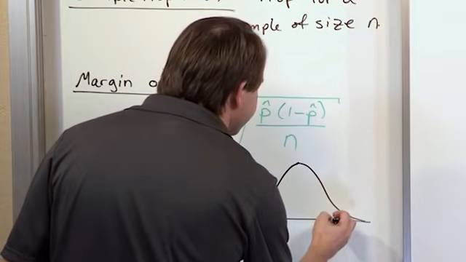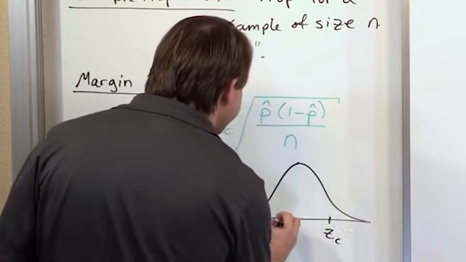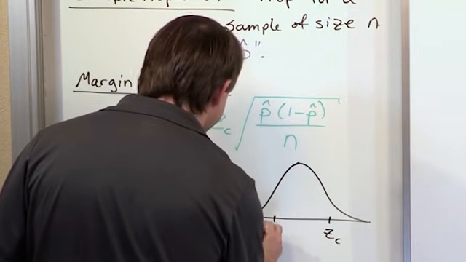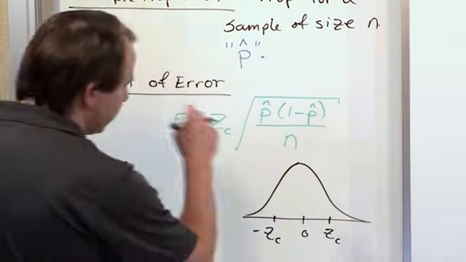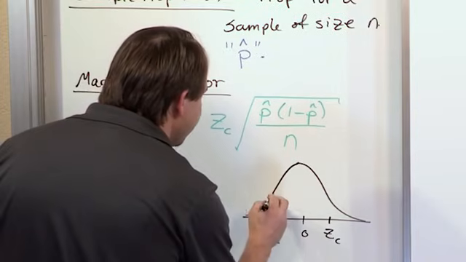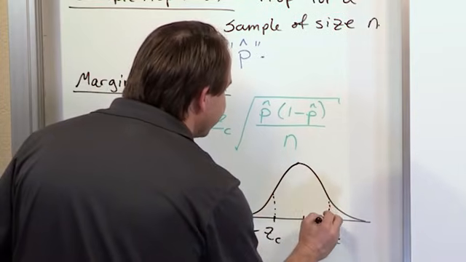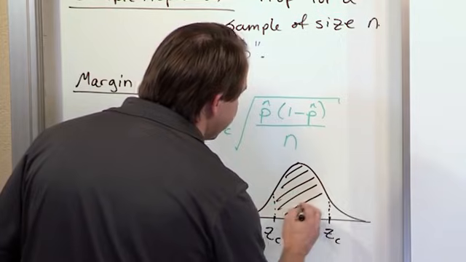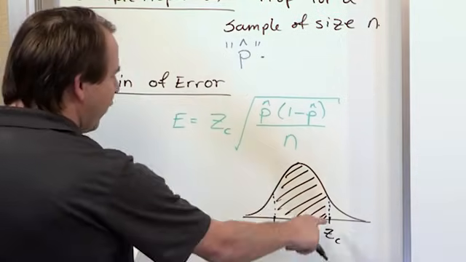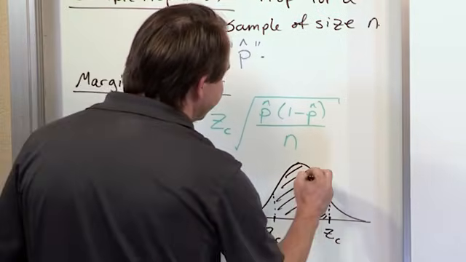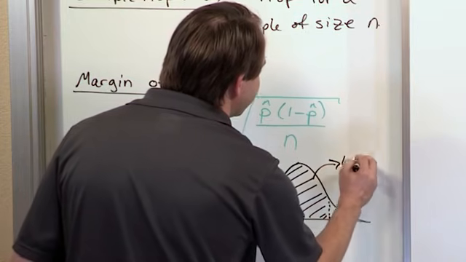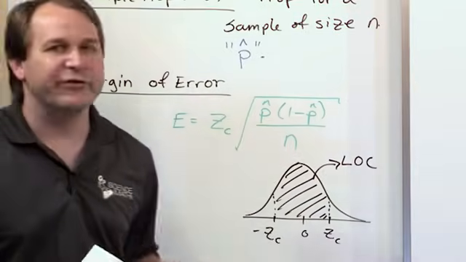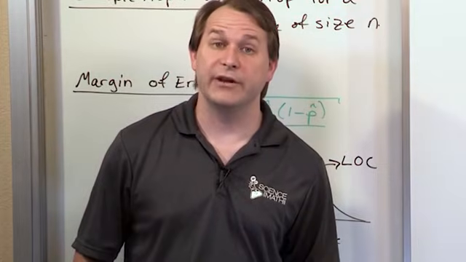Basically, here's a normal distribution, and you say this is Z sub C, and this is negative Z sub C. In the middle is always 0 for a normal distribution. So if I come down here and draw some dotted lines, and if I shade this central area, the area between these boundaries is what we're calling the level of confidence. So it would be 90% level of confidence or 95% level of confidence.